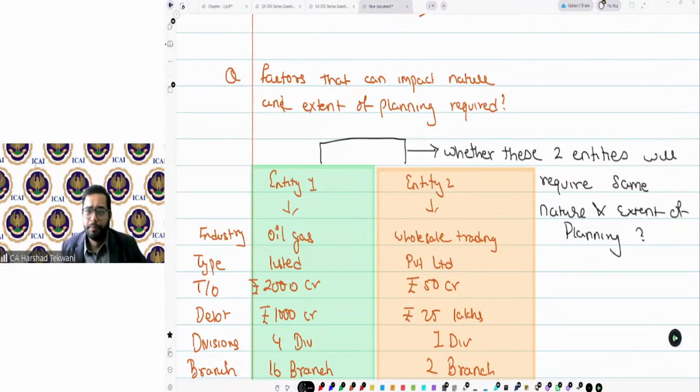Come on, guys. What do you think? Whether the 2 entities will require the same amount of nature and extent of planning?